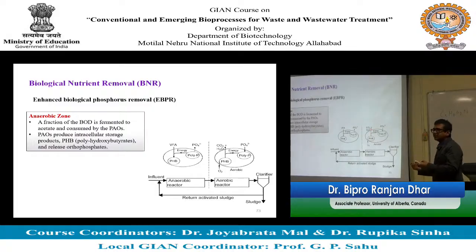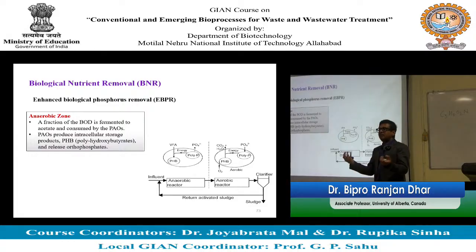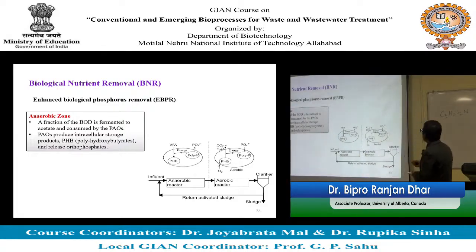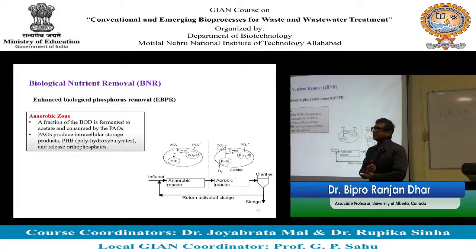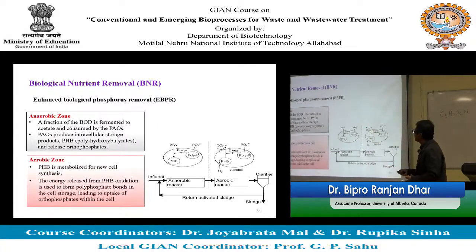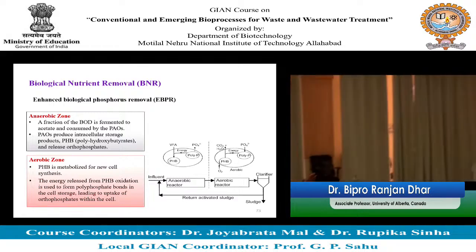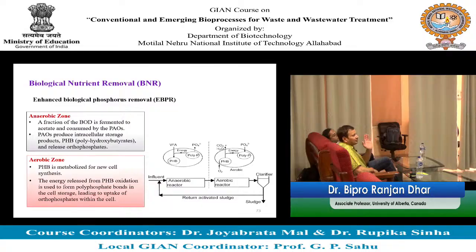That process releases energy, and that energy is utilized to accumulate phosphate inside their cell. So basically, in the anaerobic process, phosphate is released and VFA is consumed and stored as PHB. In aerobic, the phosphate is consumed.